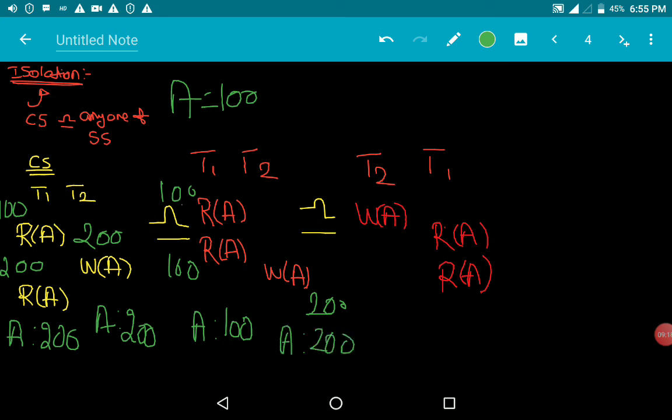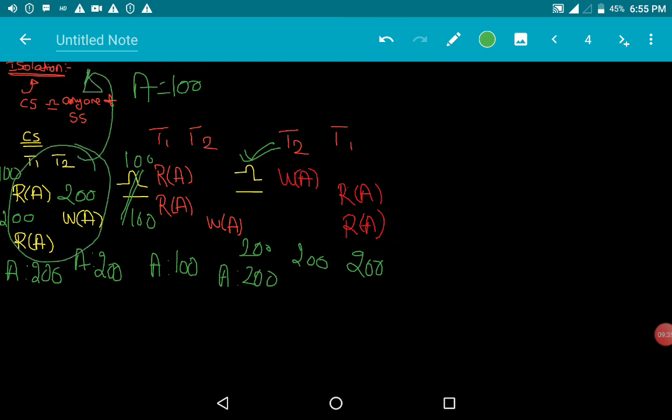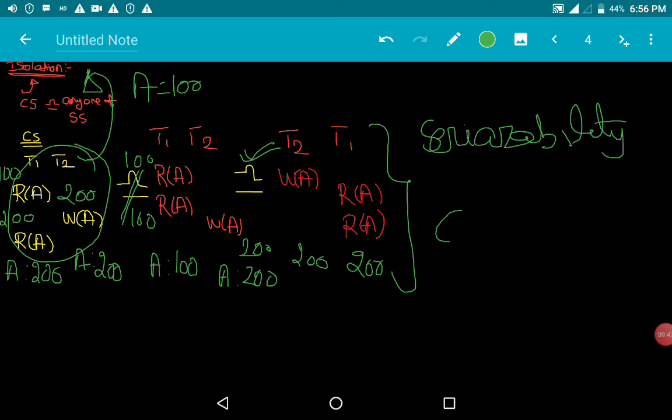Therefore, this is not equivalent. Checking the other possibility, here 200 and here 200. Yes, this is equivalent. Therefore this concurrent schedule maintains the isolation property. This property is called serializability. The concurrency control protocol implements serializability concepts.